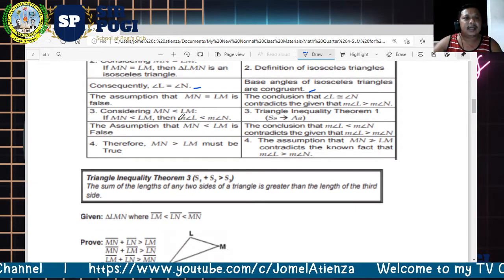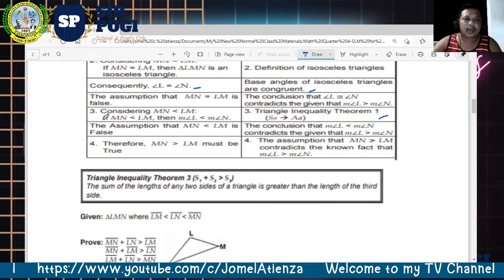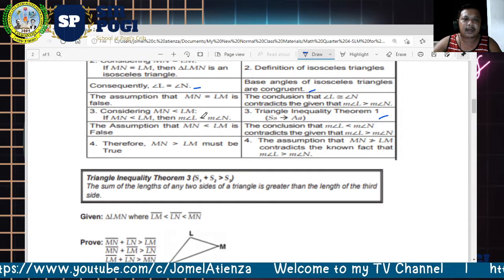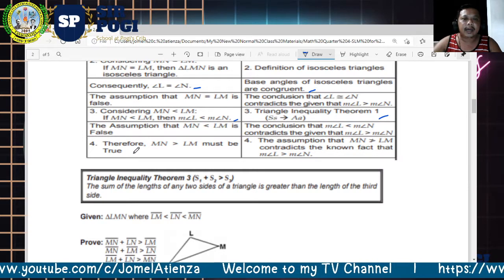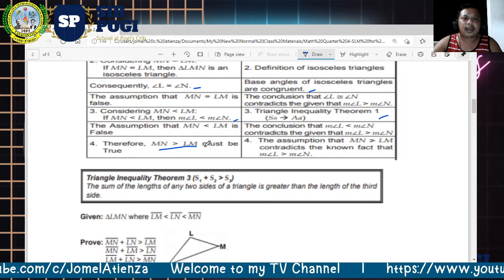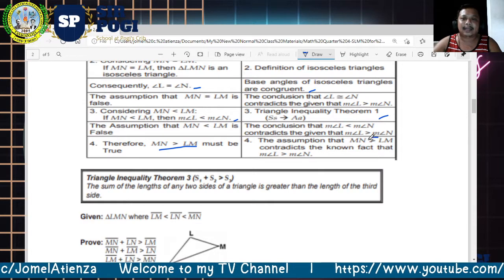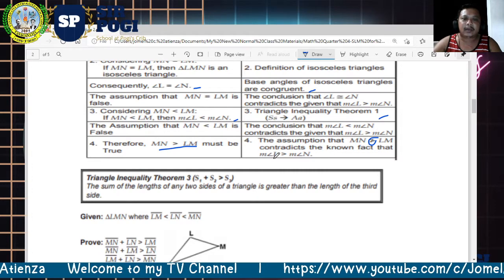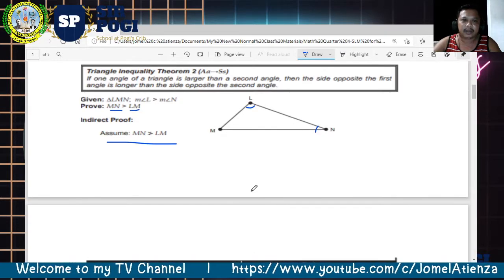Considering MN less than LM, by Triangle Inequality Theorem 1, the measure of angle L is less than the measure of angle N. Therefore, MN is greater than LM must be true, since the assumption contradicts the known fact that the measure of angle L is greater than the measure of angle N.